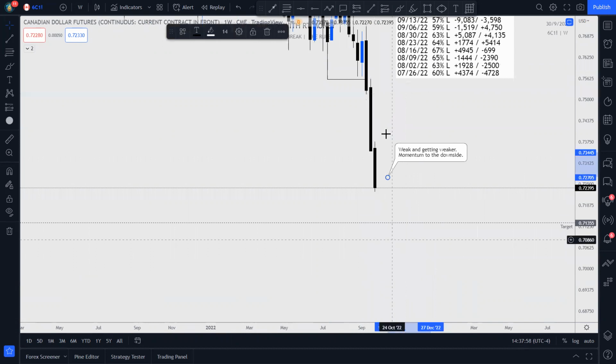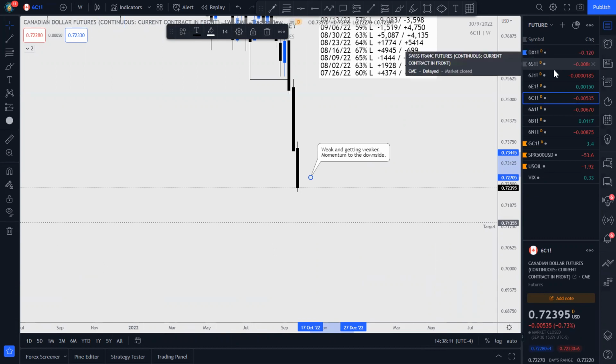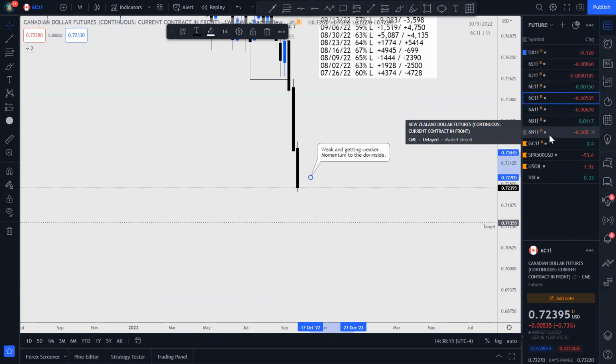This is the one you want to put against the strongest of the currencies that I went over so far, and that would be the US dollar, the Swiss, and the yen. Those are, in the order of strength right now, the top three.